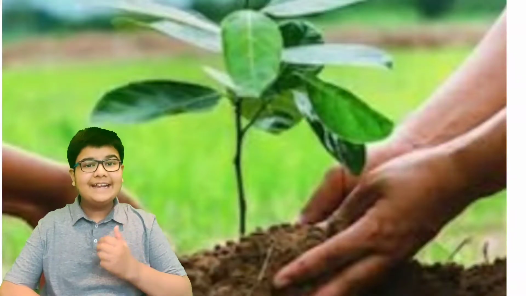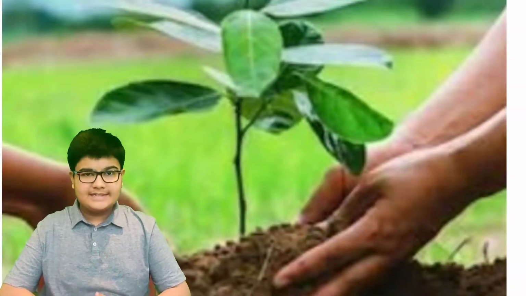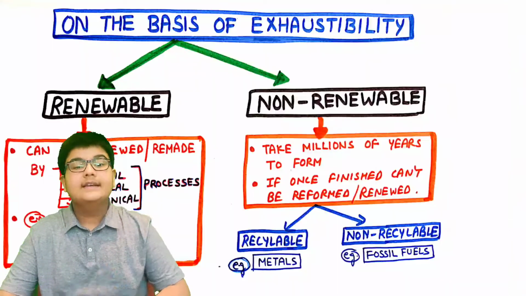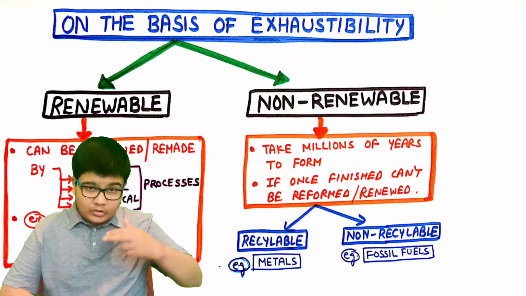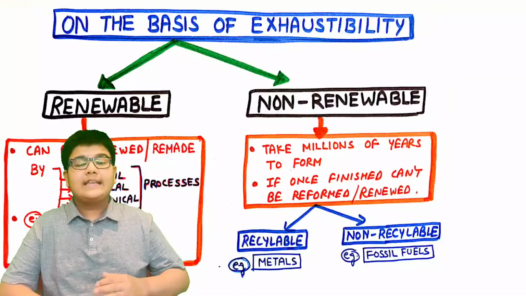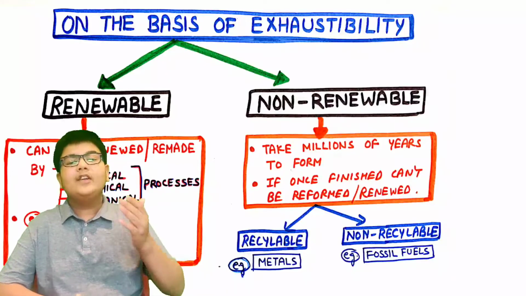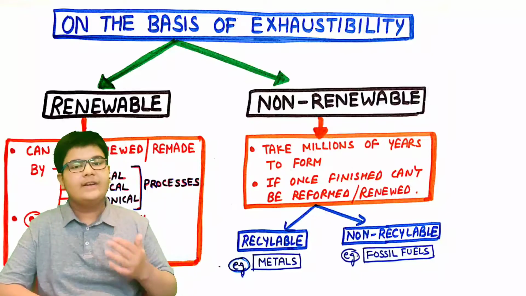For example, planting trees is a physical process as we can manually plant trees with the help of our hands. But solar energy is formed by a chemical process because it is formed when chemical reactions take place inside the sun. So in this way, renewable resources are renewed in different ways.